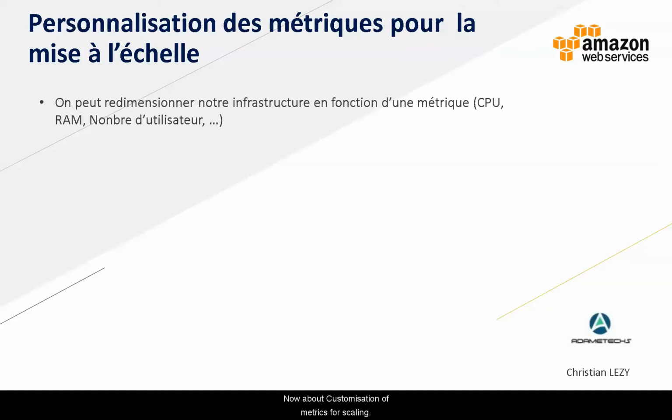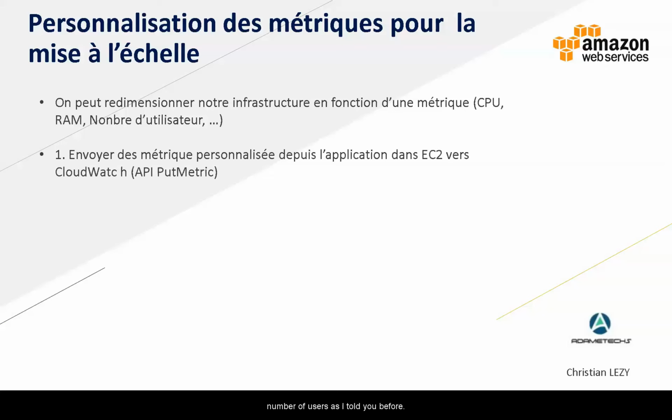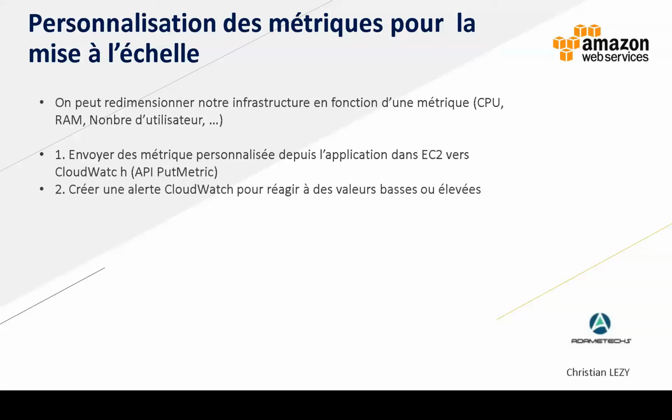Now about customization of metrics for scaling. We can also scale our infrastructure based on metrics, CPU, RAM, number of users, as I told you before. We can send custom metrics from an application in our EC2 instance to CloudWatch with the PutMetricData API. As a result, our application will send information to CloudWatch, which can act on the scaling group or ASG.